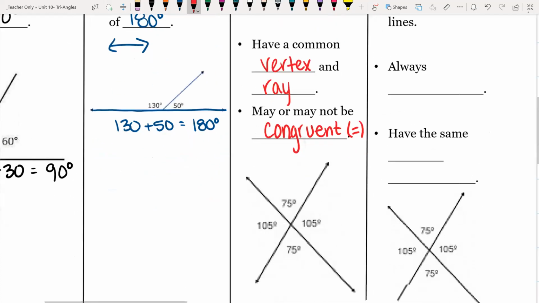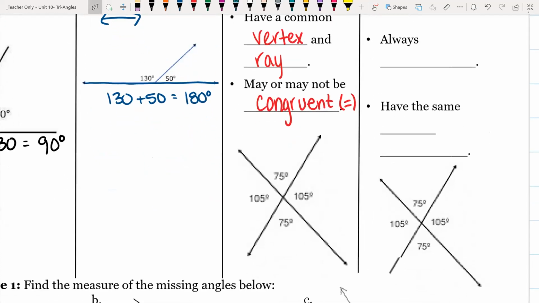Okay, so what I mean by that is a vertex is where two angles meet. So where two angles meet, that's a vertex. So like this is a vertex. And then the ray is what comes out of it. So this is my ray. Okay.